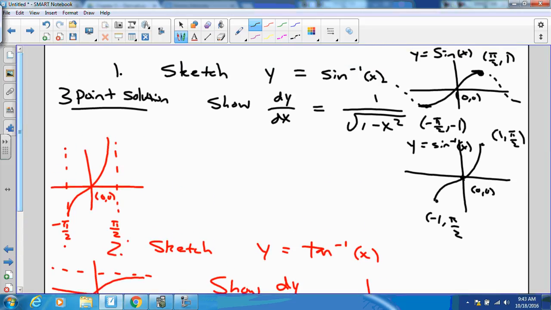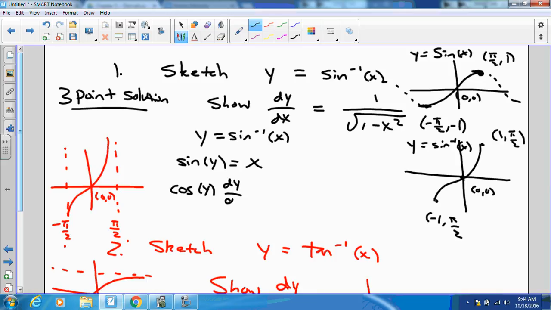Now how about the derivatives? The derivatives are going to happen either by using inverse function or by simply inverting like so. And now I can take a derivative with respect to x on both sides, so that dy dx is equal to 1 over cosine y.